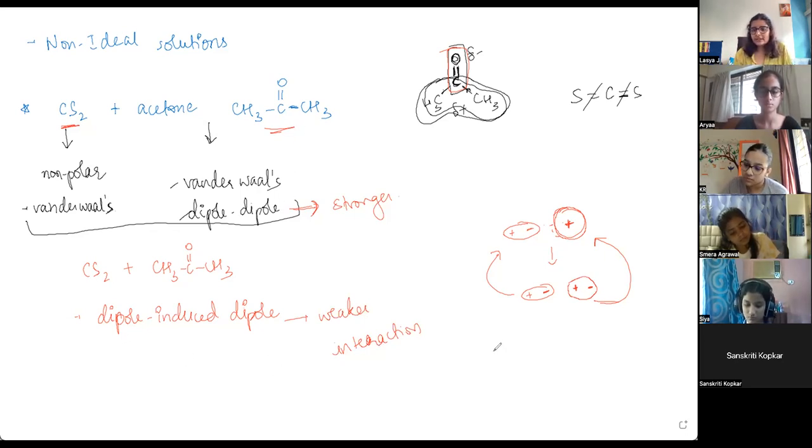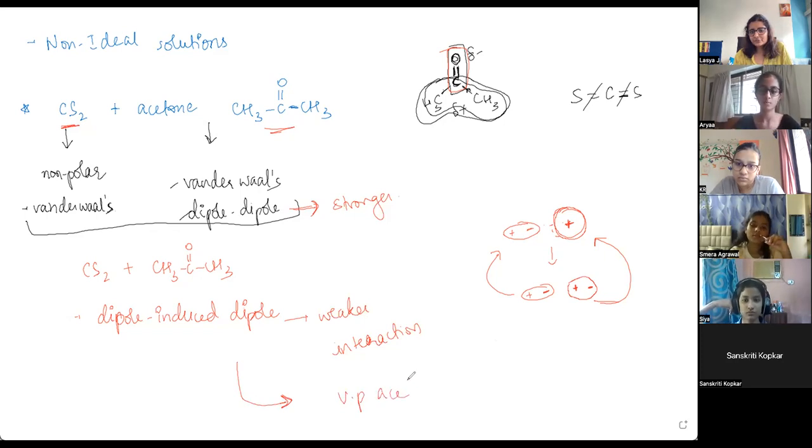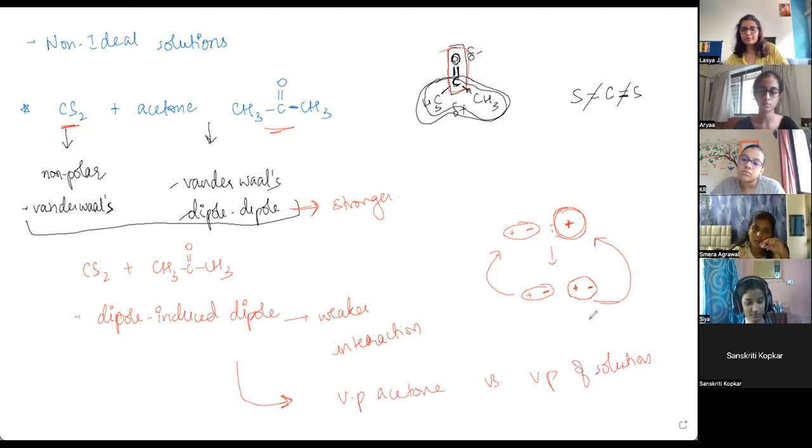So because of this, what do you think will happen to the vapor pressure of the solution? If you compare the vapor pressure of acetone alone versus the vapor pressure of the solution, which one will be able to vaporize better?